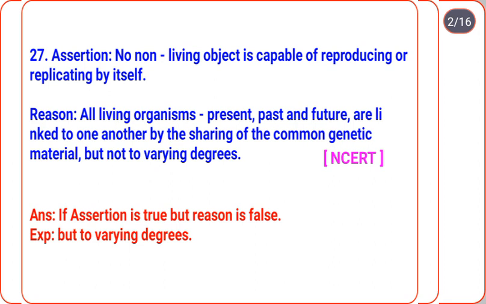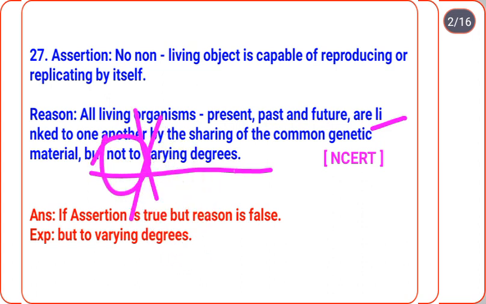Reason: all living organisms, present, past, future, are linked to one another by the sharing of the common genetic material, but not to varying degree. Here "not" is wrong; it will be varying, obviously varying. So the assertion is correct, but the reason is false.